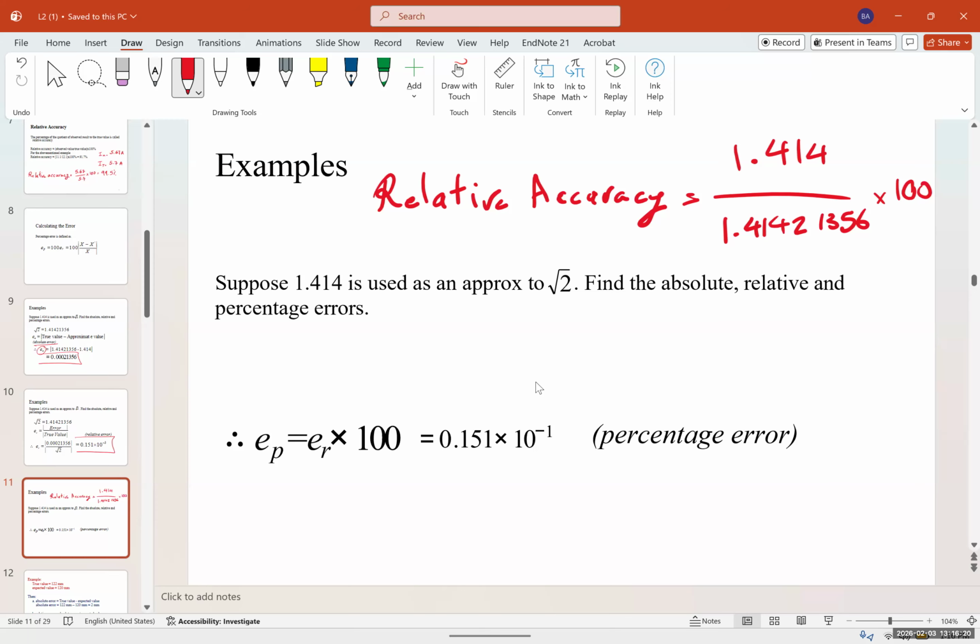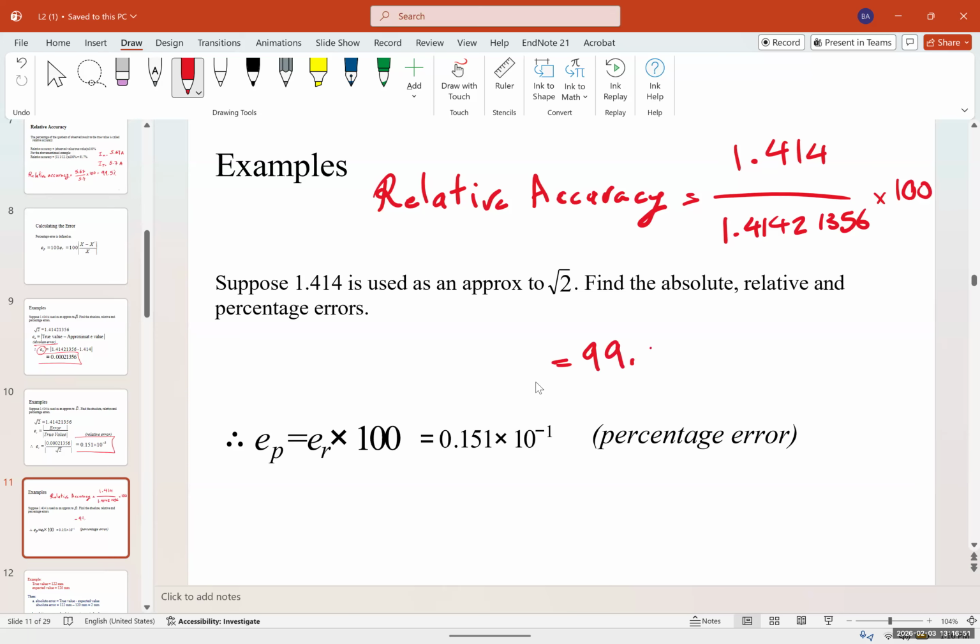It's going to be 99.99 something percent. Let me calculate it. It's 99.98%.